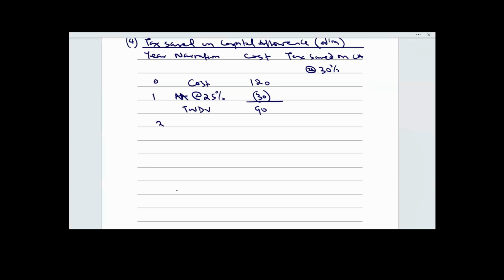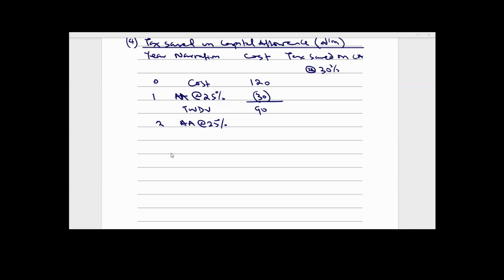I will then move to year 2. Annual allowance at 25% of 90. What do you have there? 0.25 multiplied by 90 equals 22.5. So you round your number, you have to be consistent since we are rounding all our numbers to whole number.